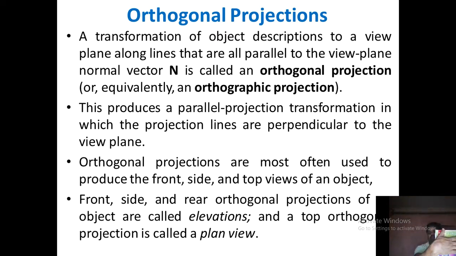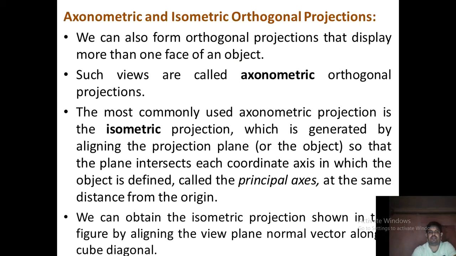If they want the side view, they take the side view, and if they want, they can take the top view. This is prepared using computer aided design by architects. Front, side and rear orthogonal projections of an object are called elevations, and the top orthogonal projection is called the plane view. Then there are axonometric and isometric orthogonal projections.